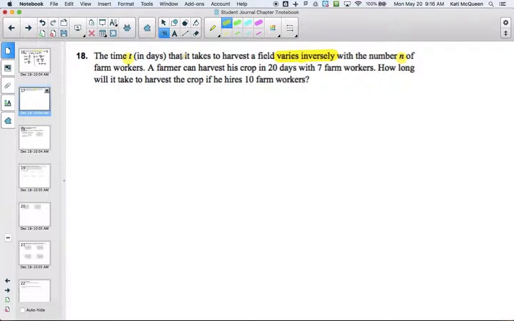So, in other words, T varies inversely with N. It says a farmer can harvest his crop in 20 days with 7 farm workers. So they're telling me when T is 20, N is 7. So we're going to use that information to find A here.